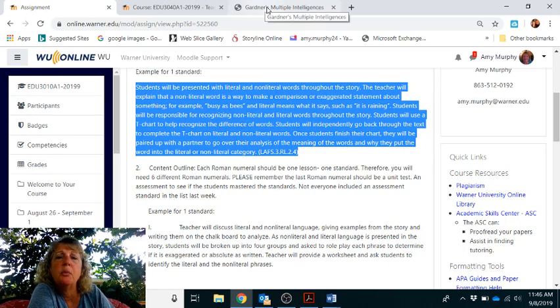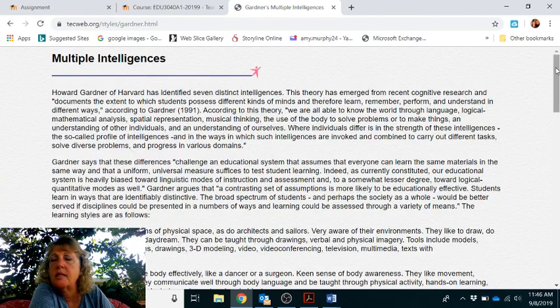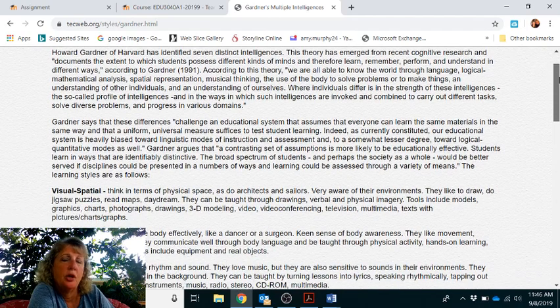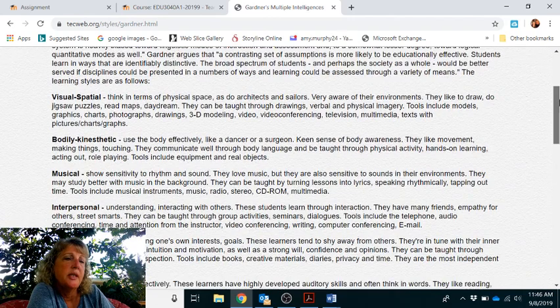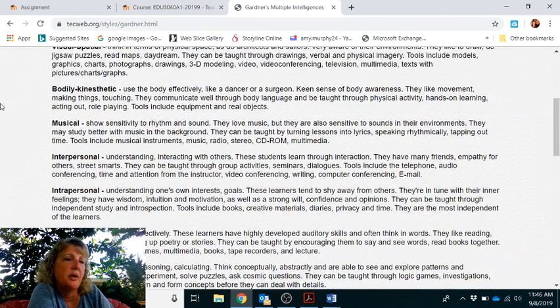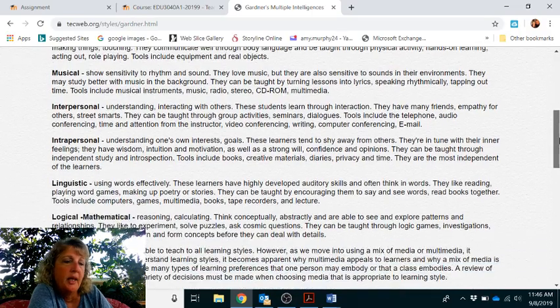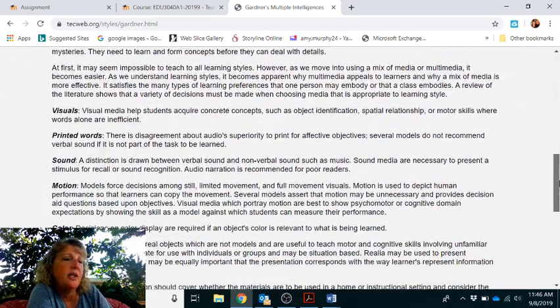And then you go to the multiple intelligences. This is the website that I have online that you should go to. So the multiple intelligences are these right here: visual spatial, body kinesthetic, musical, interpersonal, intrapersonal, linguistic, and logical mathematical. If you scroll down, they have all these other parts.